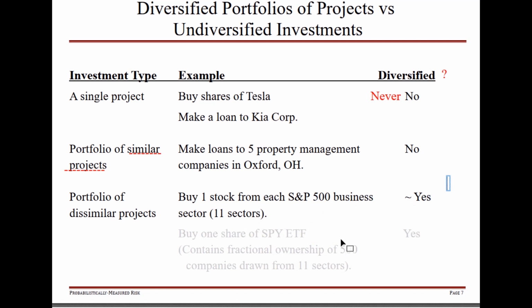So if we bought, for example, Google and we bought GM, that would be consumer discretionary, et cetera, et cetera. If we bought 11 of those, then we'd be kind of diversified, right? Because it's not necessarily true that the medical industry, which is one sector in the S&P 500, is going to be doing very badly in a recession when consumer discretionary companies like GM are going to be doing badly. So that might help us.